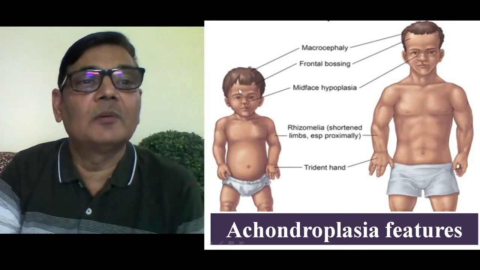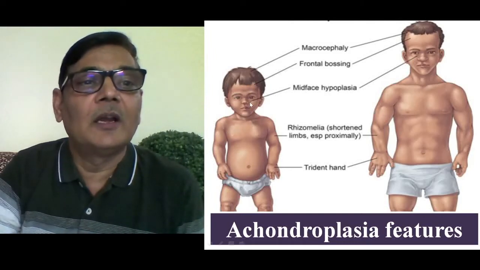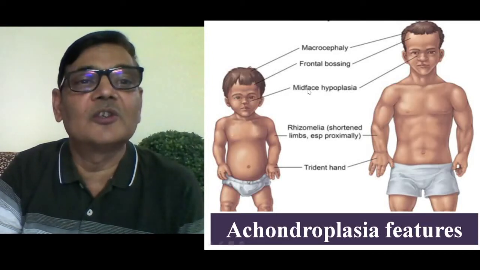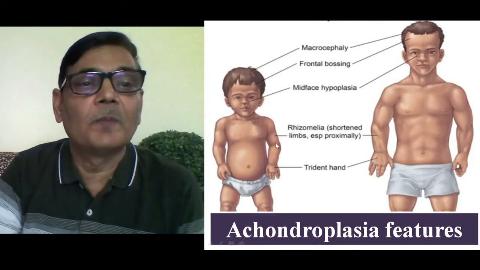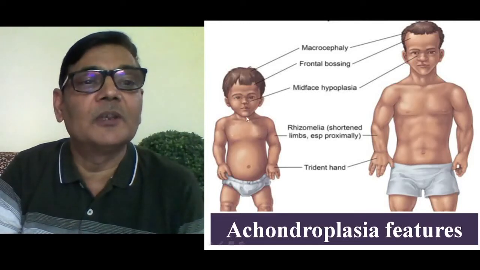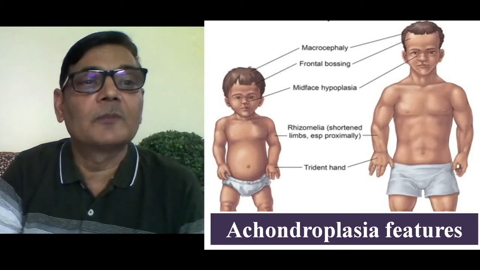And the frontal part of the forehead is protruding. So frontal bossing is seen in them, and portions on either side of the nose will be a little bit depressed. So this is mid-face hypoplasia. So these are some of the features which you can observe at the head portion.